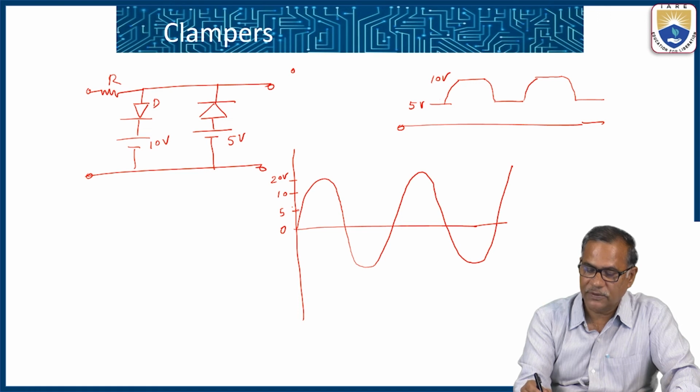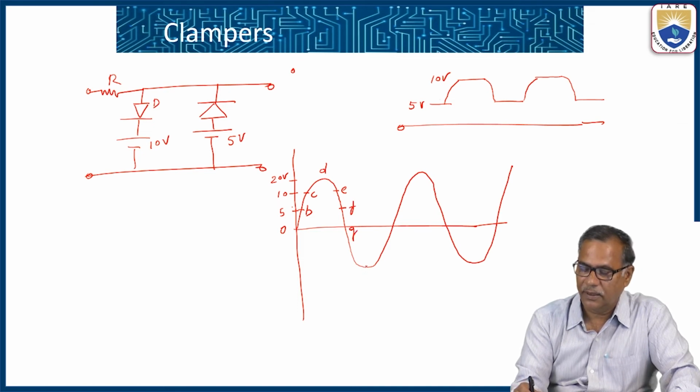Let us say this point is B, and let us say this point is C, and this point is D, and this point is E, and this point is F, and this point is G, and this point is H, like that.